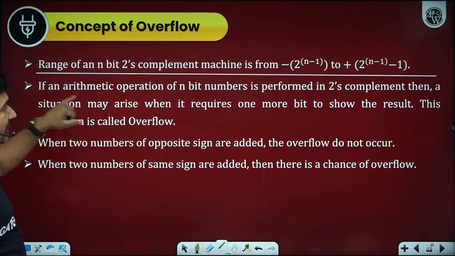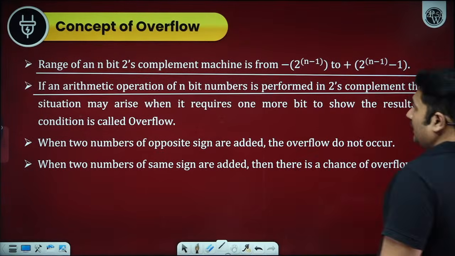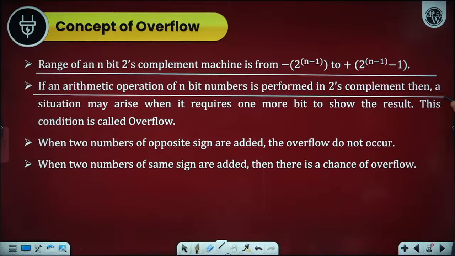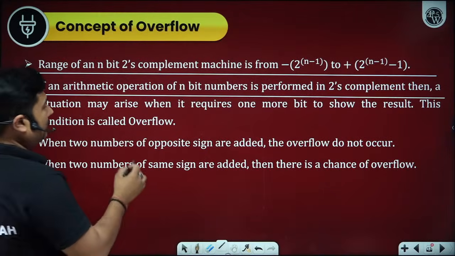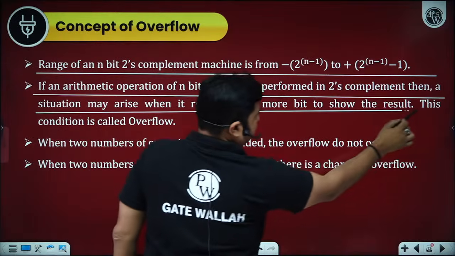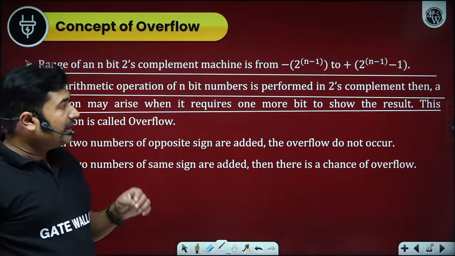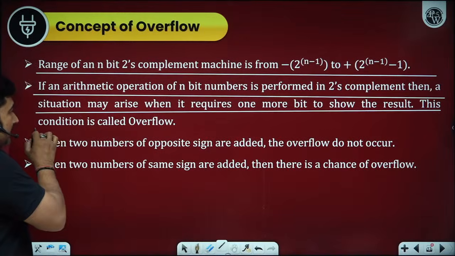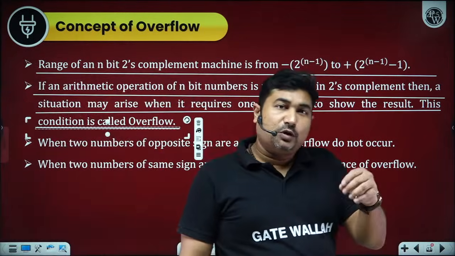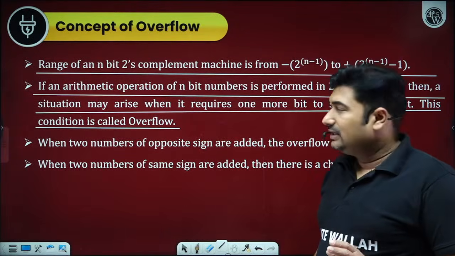Now please observe, if an arithmetic operation of n bit is performed in 2's complement, then a situation may arise when it requires one more bit to show the result. When one additional bit is required, this condition is called overflow occurred. So whenever overflow occurred, the bit is increased by 1 bit in MSB. Is it okay? Yes, sir.